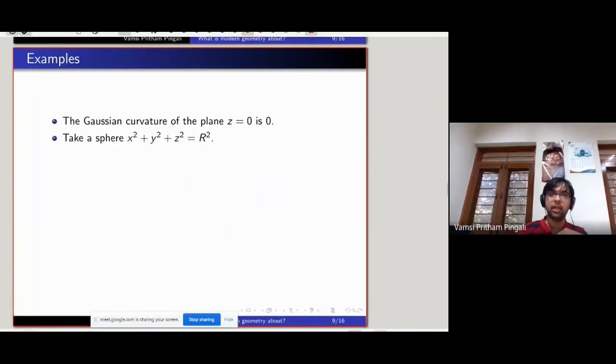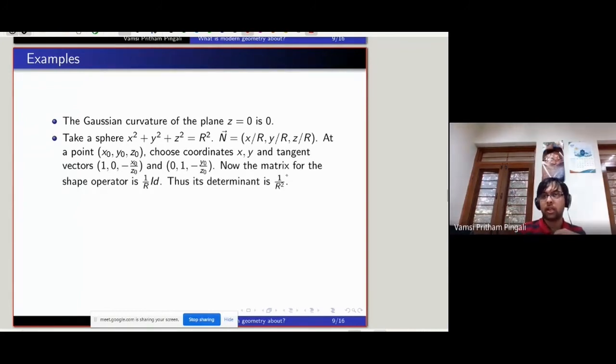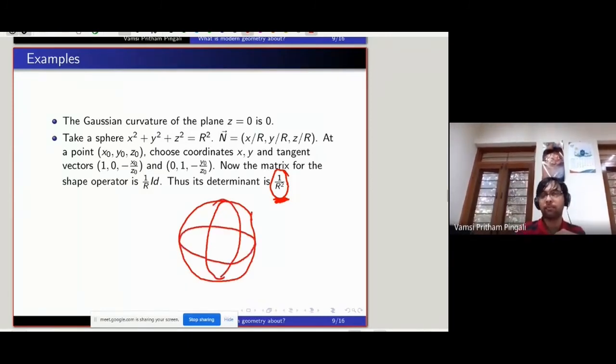You take a sphere, x squared plus y squared plus z squared equals r squared. You can prove that the Gaussian curvature is 1 over r squared, and this number is independent of where you are on the sphere. In other words, every point on the sphere looks like every other point.